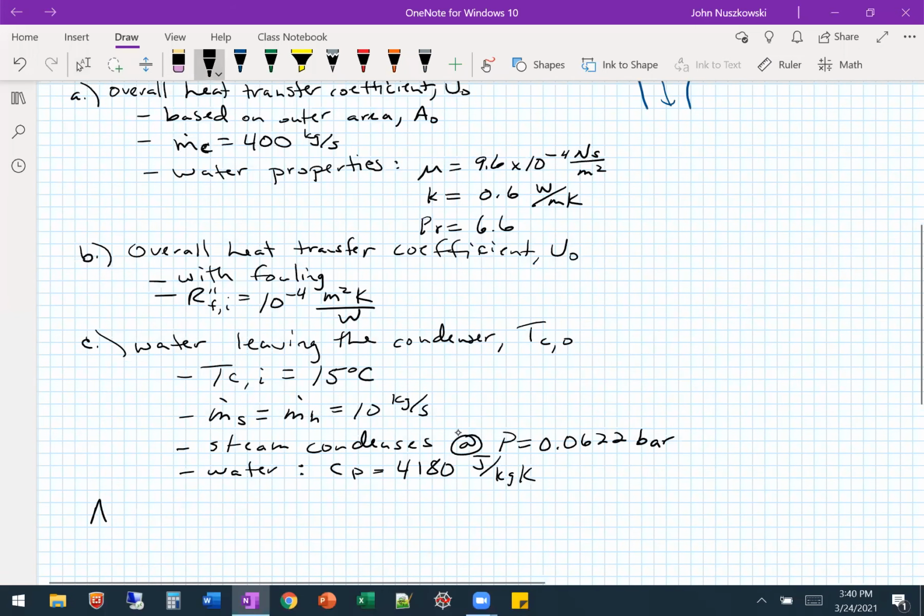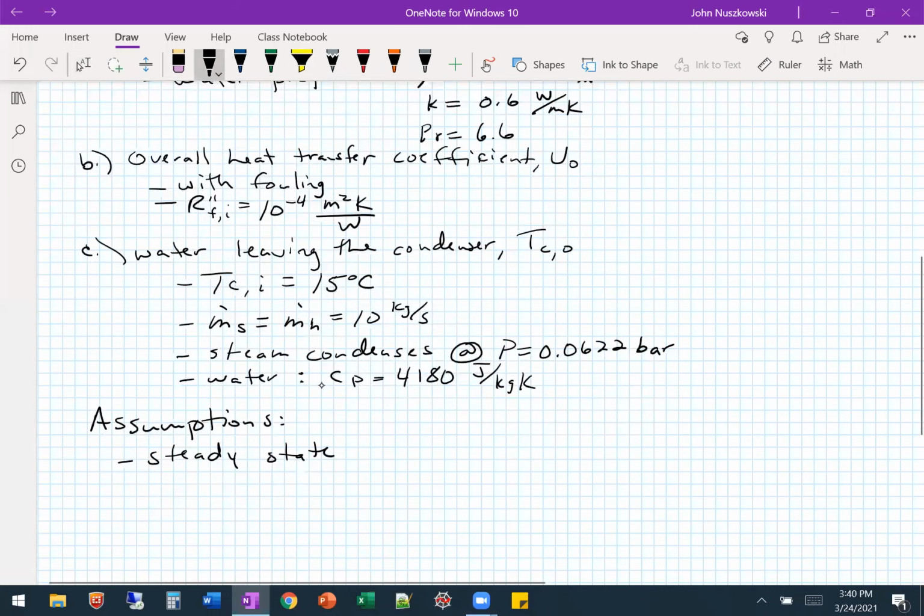All right, so we need to make some assumptions. I'm going to start with steady state and fully developed flow.